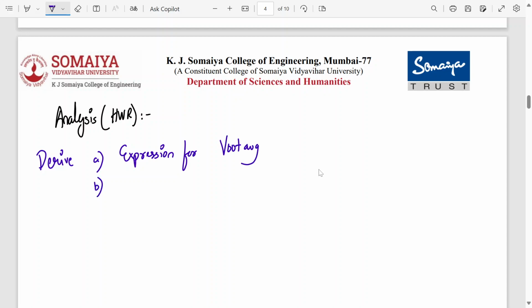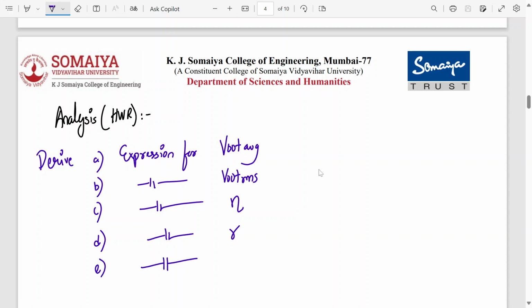Next, the expression for V out RMS. Third, the expression for rectification efficiency. Then the expression for ripple factor. Then TUF, transformer utilization factor, also we have to find out, but that we'll find at the end together for all three.